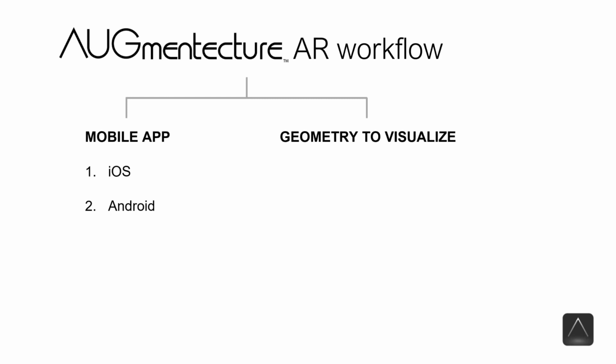And in order to create geometry to be visualized, this geometry could be created in Revit, and then using our AUGmentecture plugin, upload it to your dashboard, which is going to act as the overall server for you to store data, access data, and for anybody else to also access your data. In this case, 3D models that you're creating.